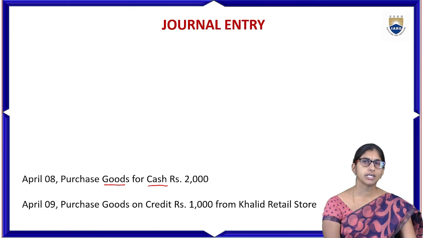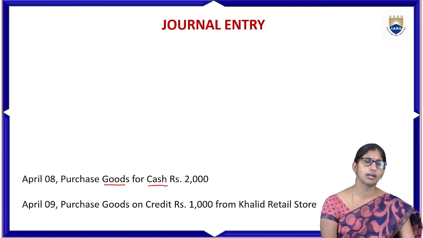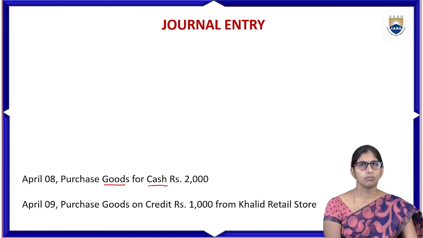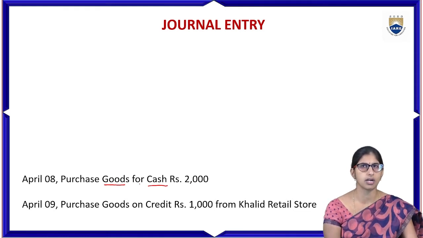Goods means it can be raw material, or material required for producing something. So we name it goods. So in this transaction, again, we can identify 2 important items, that is goods and cash.